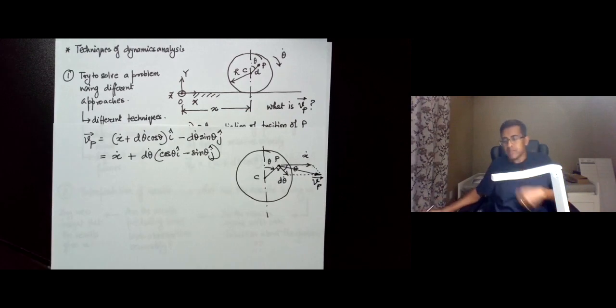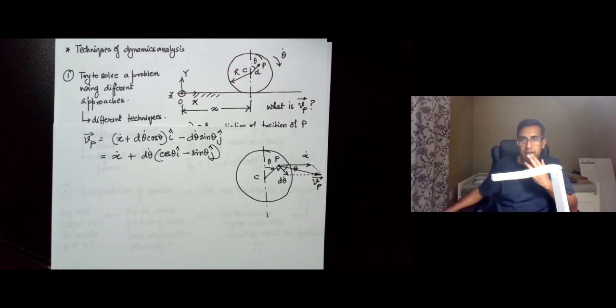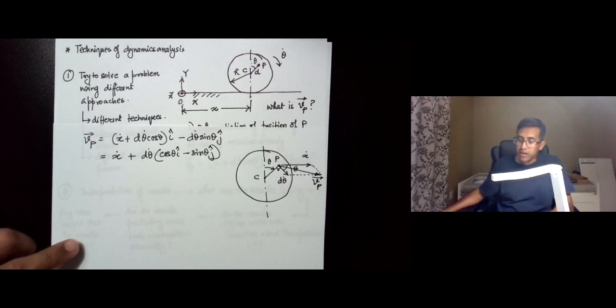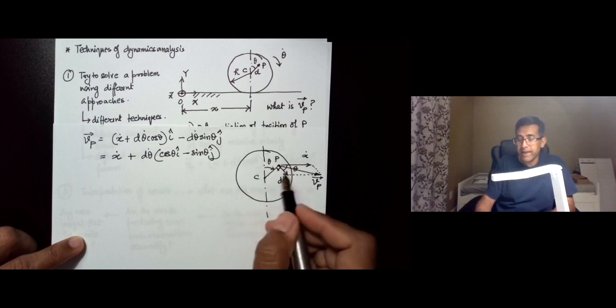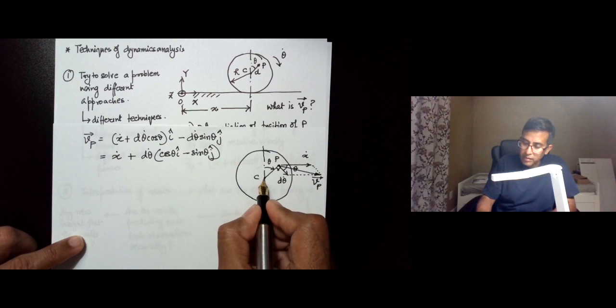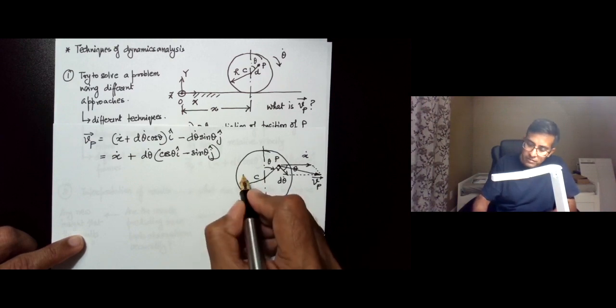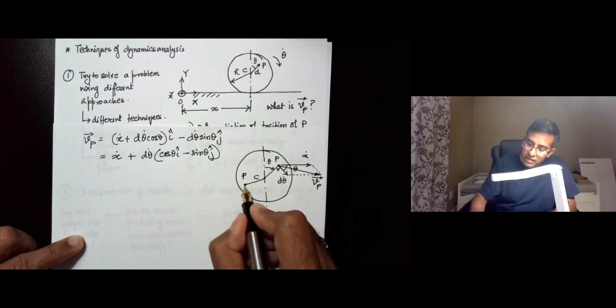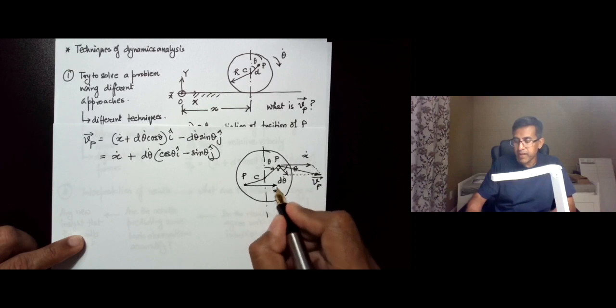So that's the velocity of P. It is the vector sum of x dot and d theta dot. And this same vector addition has to be done no matter where the point P is as the translation and rotation is happening. So for instance, when the point P is over here, then still we have that x dot.